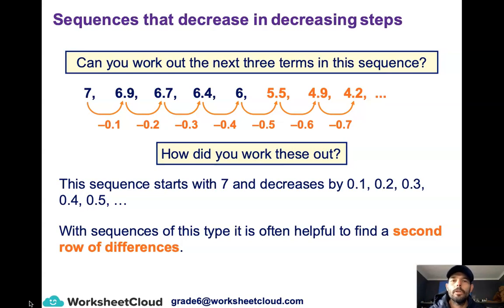Even though the original sequence is not linear, the difference between consecutive terms is linear. And again, it's good to get a really good understanding of the sequence you're working with, the relationship between the consecutive terms, and also the relationships between how much each term decreases by each time.